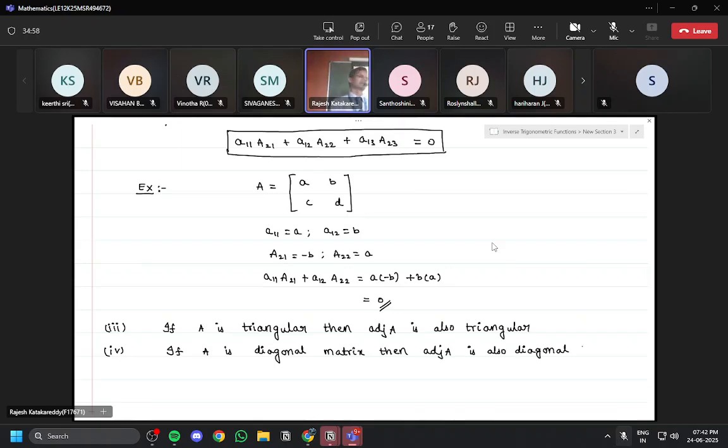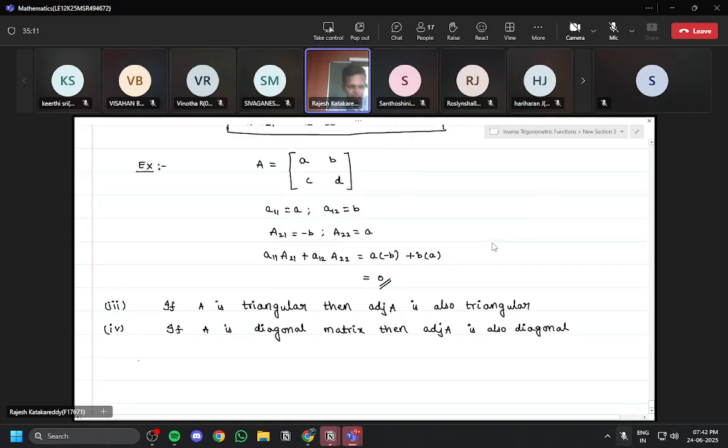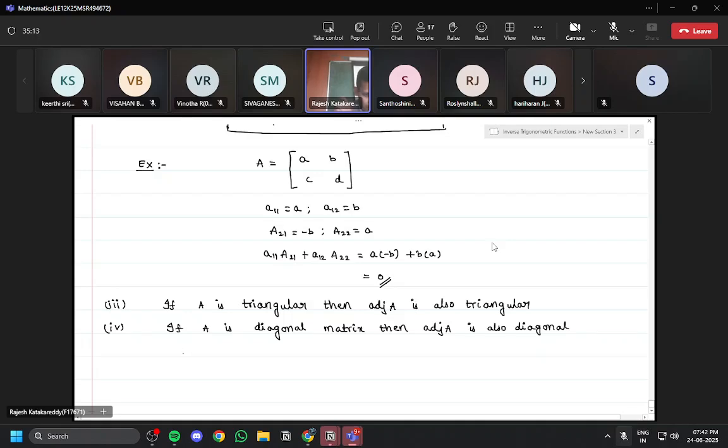About symmetric and skew symmetric, we'll write when we finish the properties. What extra did we learn? For example, in diagonal you can add this. If A is equal to DIA, D1, D2, D3, it is an order 3 diagonal matrix.